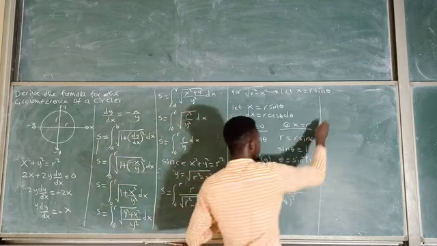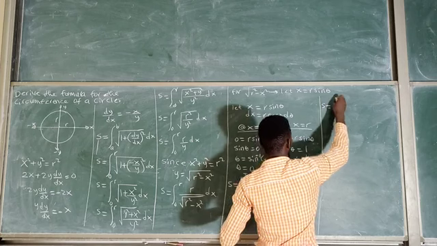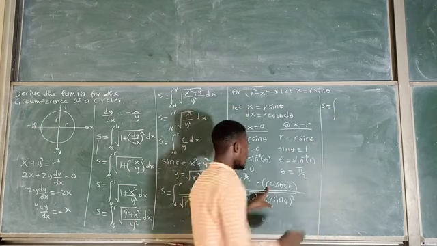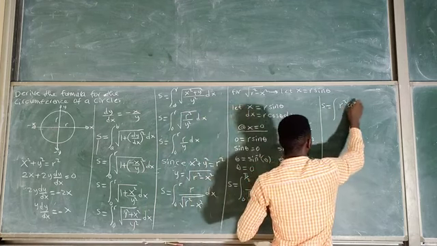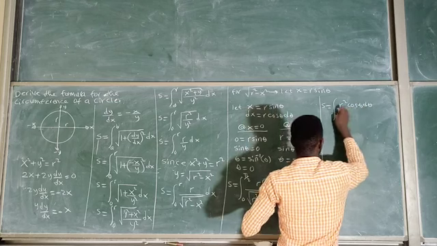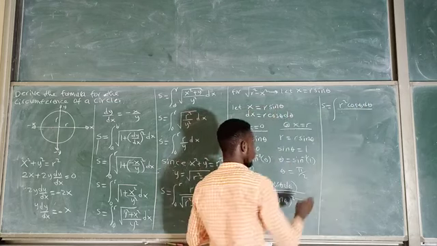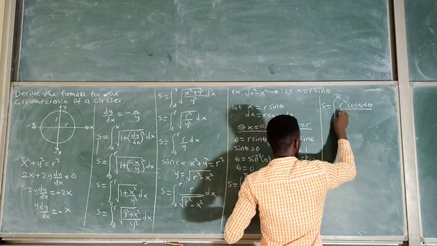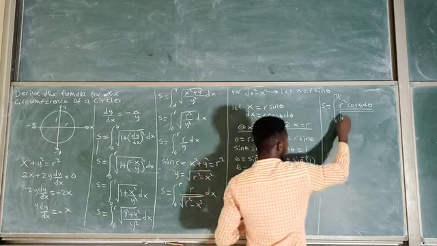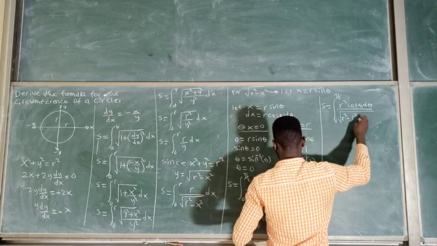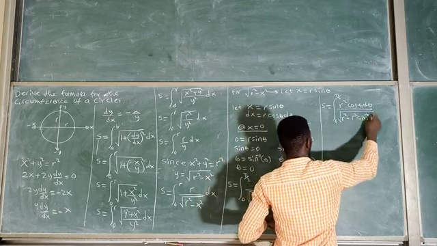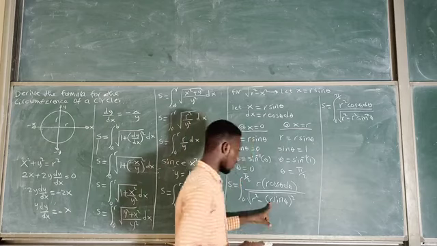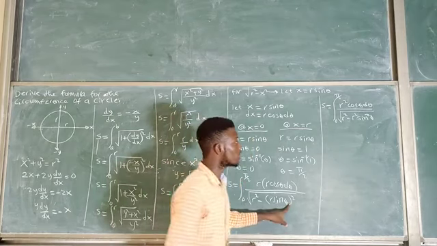We have s equal to the integral of r times r, which is r squared, cos theta d theta, all divided by, with the bounds from 0 to pi by 2, the square root of r squared minus r squared sin squared theta. Don't forget that r sin theta all squared is r squared sin squared theta.